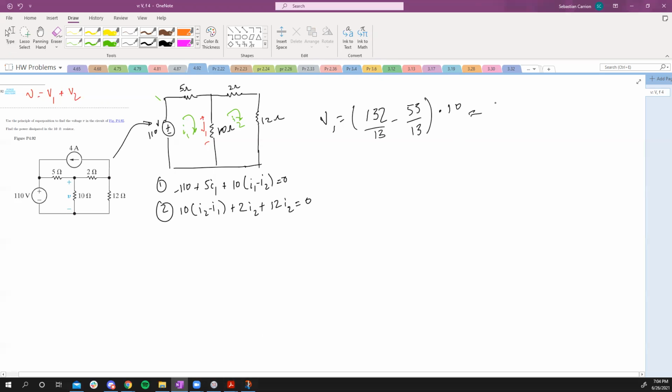I'm gonna round it off to 59.23 volts. So then we're gonna go ahead and do this again. This time without the voltage source.